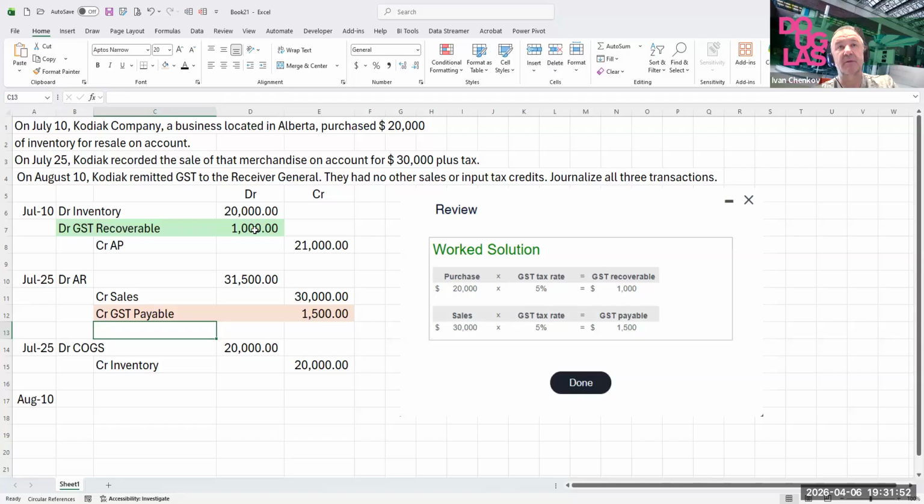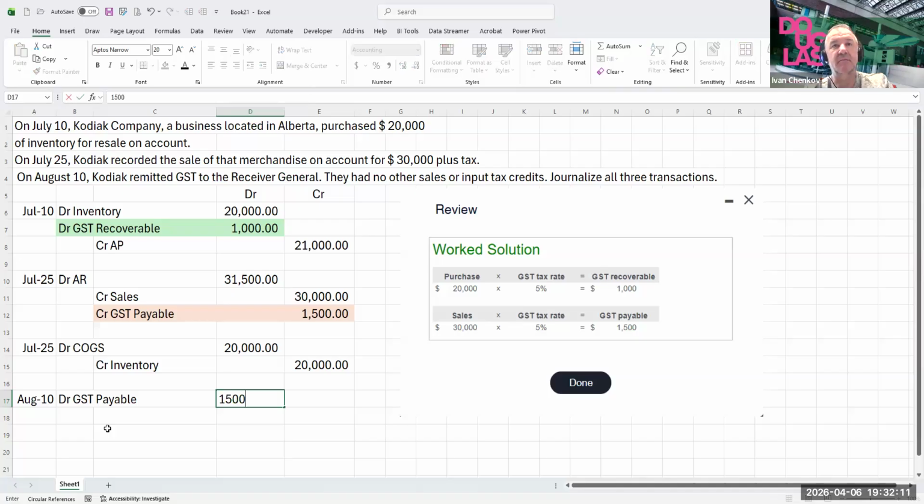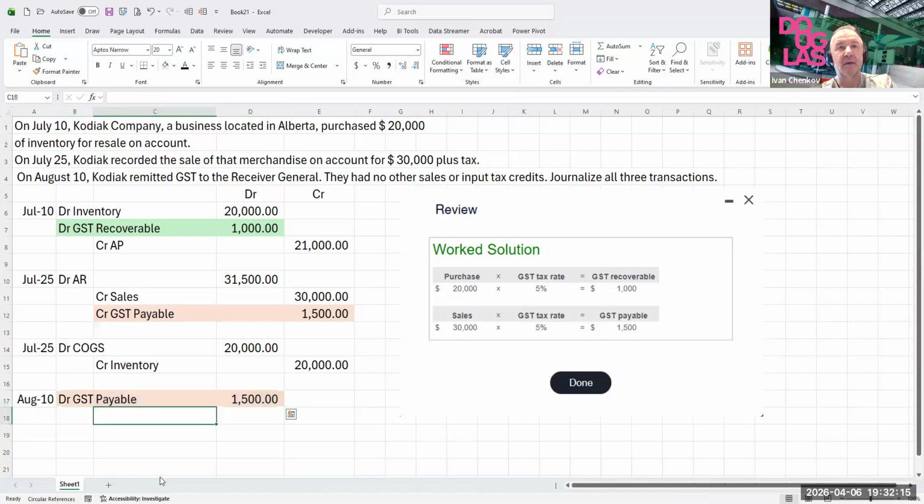If the account has a debit, we close it with a credit. If the account has a credit, we close it with a debit. So let's close the credit account first: debit GST payable, and we close it with exactly the same amount, $1,500. So that GST is gone. Next, let's close the recoverable, credit GST recoverable.